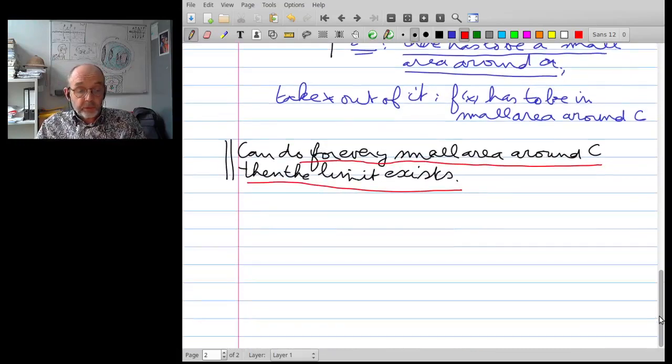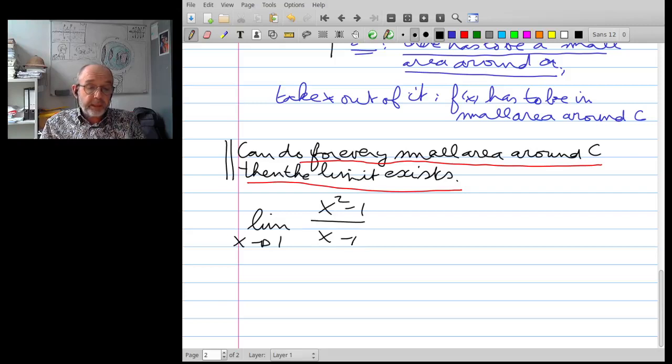Therefore let me now show several examples of how to calculate those limits. For instance, the limit for x going to 1 of (x squared minus 1) divided by (x minus 1).